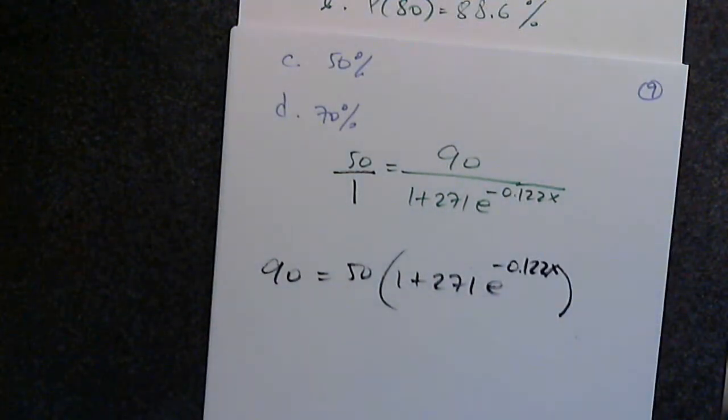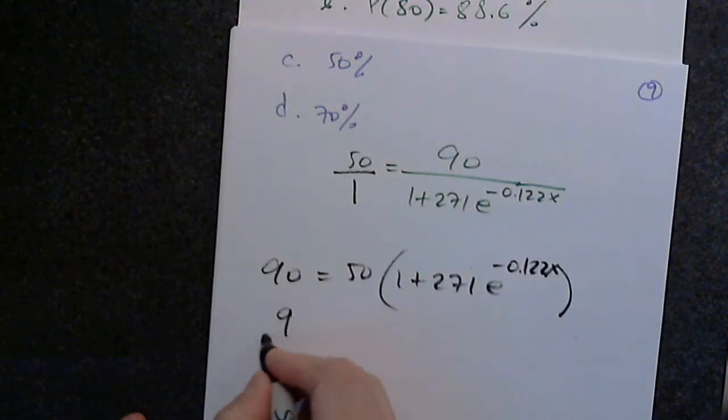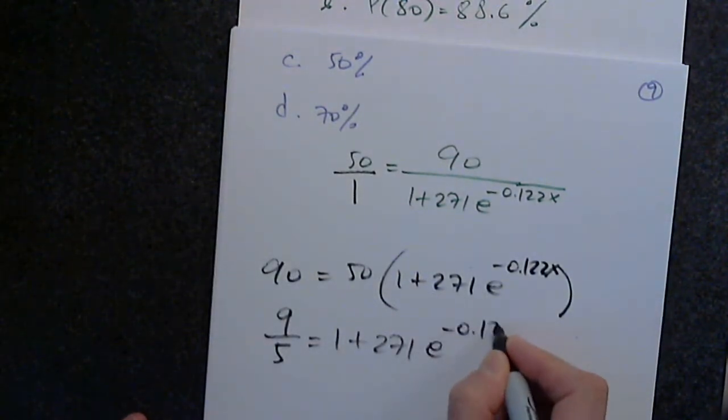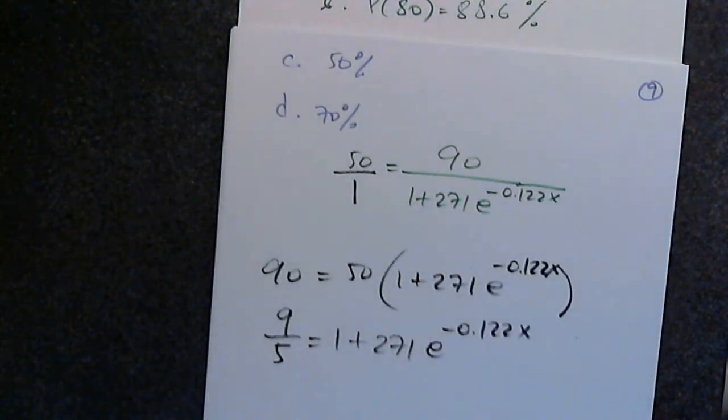Are we okay with this step? Would you divide 50 down both? I would divide both sides by 50. And I get 9 over 5 equals 1 plus 271 e to negative 0.122x. What am I really trying to do? I'm trying to clean it up.